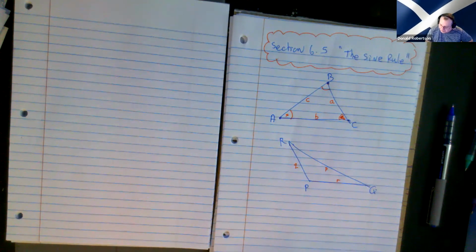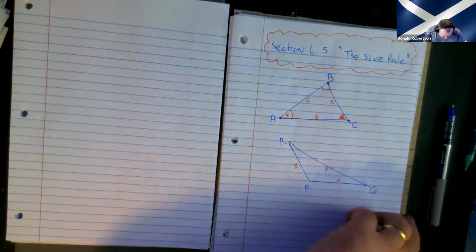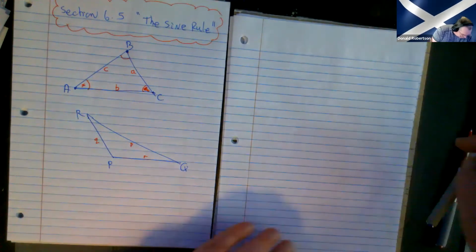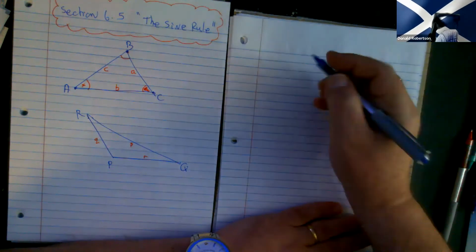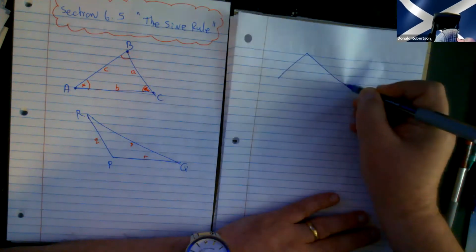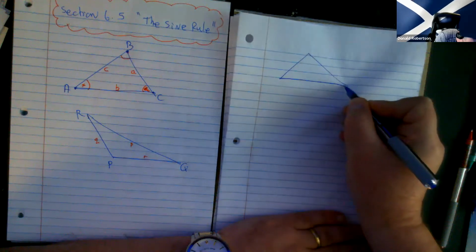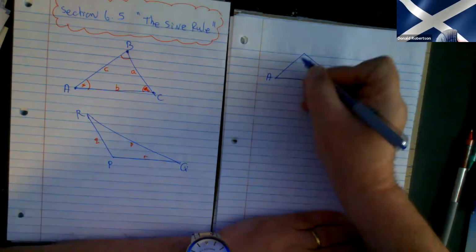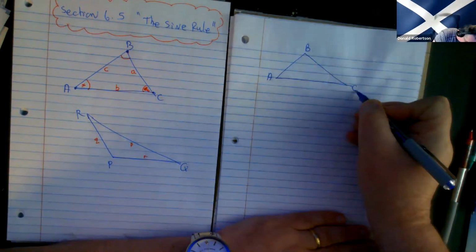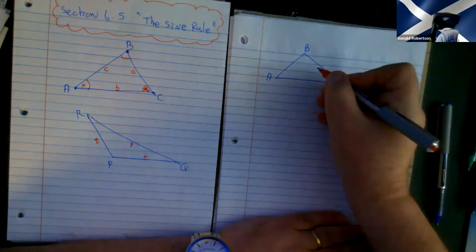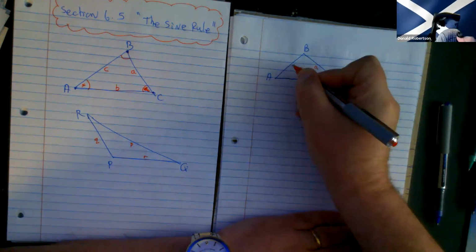So far, so good? Right, now let me write down the sine rule for you. It says that for any triangle you could possibly want or draw, any that exists, this triangle here.